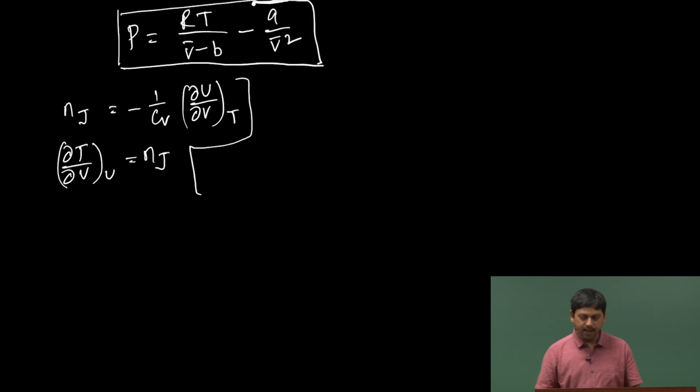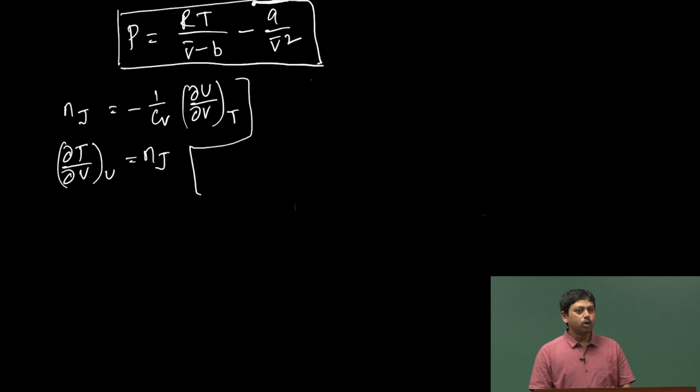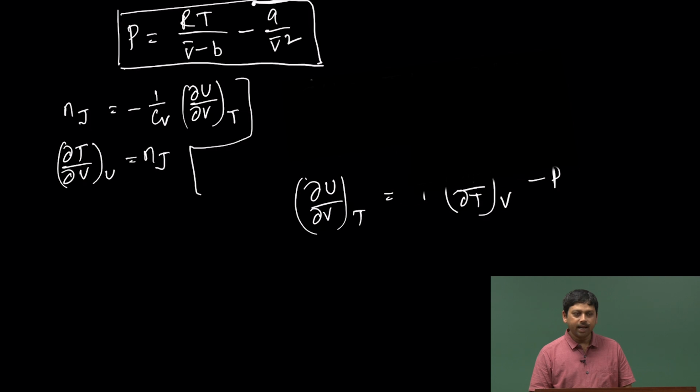In order to get that we are going to use some tricks. I am going to do some derivations which you are not going to understand right now, because I am skipping some steps here. Once we learn those things, we will do the same thing again. So, let me do that quickly. What I am going to tell you for the time being is that ∂u/∂V at constant T can be expressed in terms of this relation.